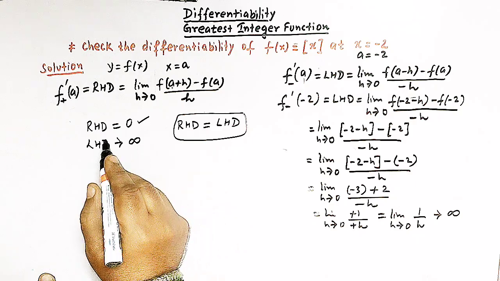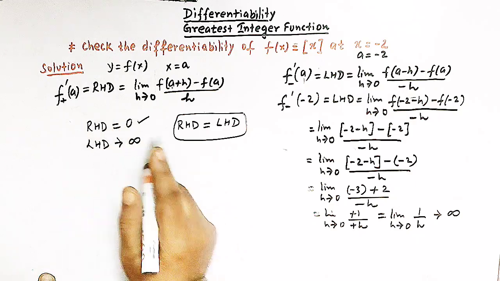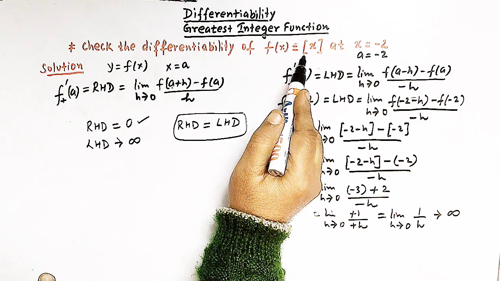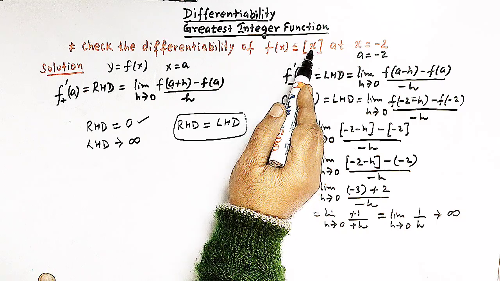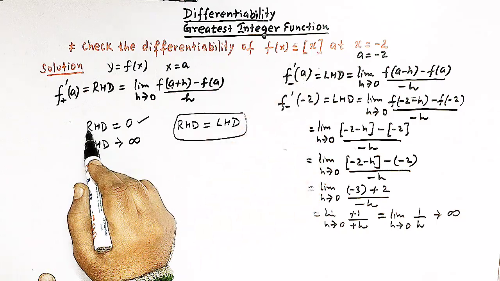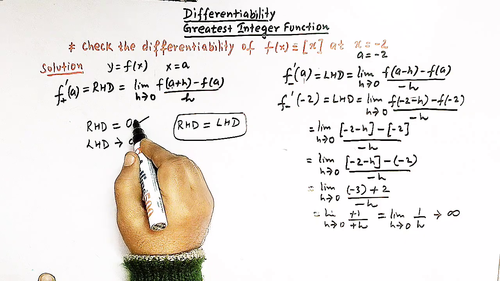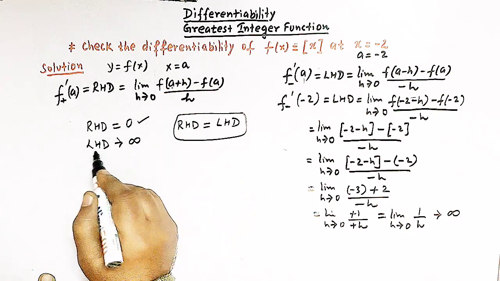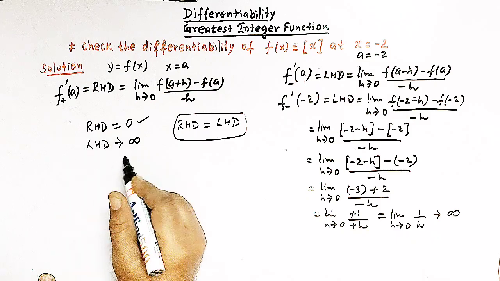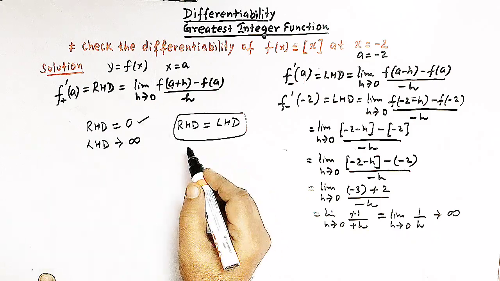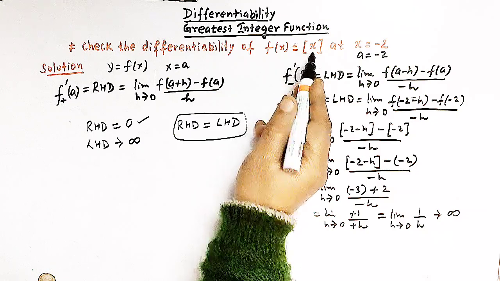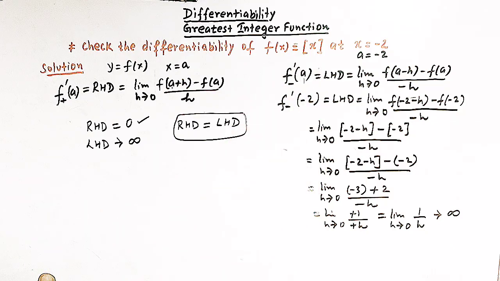So here we can see that this condition is not satisfied by this function, that is greatest integer of x, because here the right hand derivative exists and is finite, but the left hand derivative doesn't exist, right?